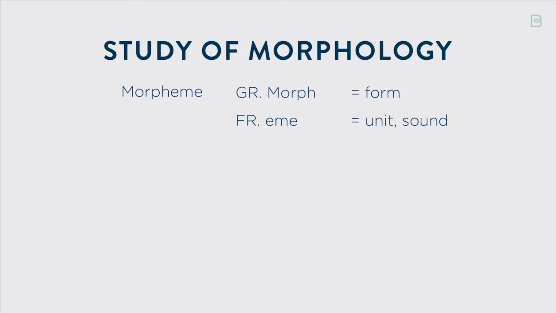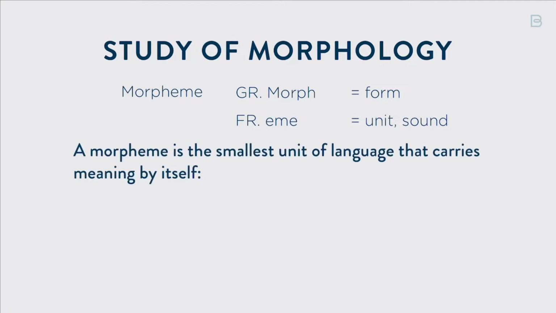Now, in the study of morphology, we need to understand that the word morpheme itself is made up of the Greek morph, meaning form, and the French eme, meaning unit or sound. A morpheme is the smallest unit of language that carries meaning by itself.